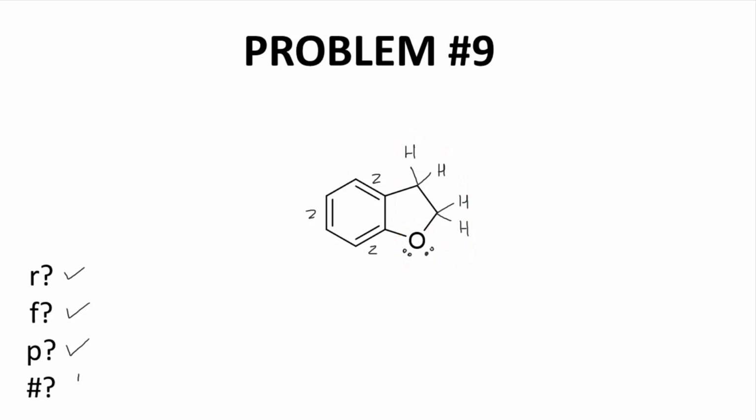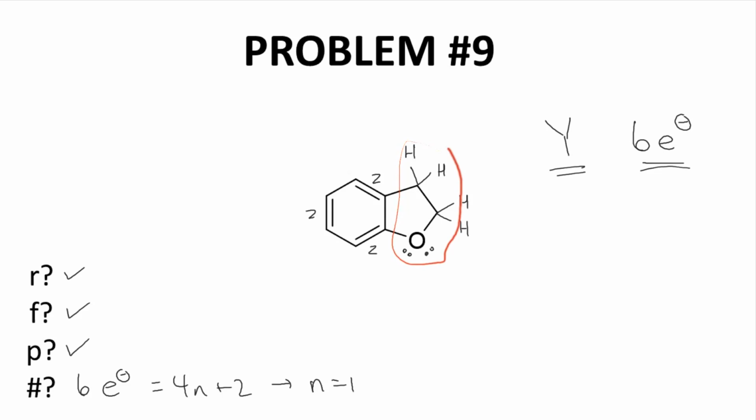So we're down to 6 electrons, 4n plus 2, n equals 1, and that looks good. So yes, this is an aromatic structure with a 6-electron pi system. This additional part of the molecule is not included, but just this part of the molecule alone, if it's aromatic, means the entire molecule is an aromatic structure.